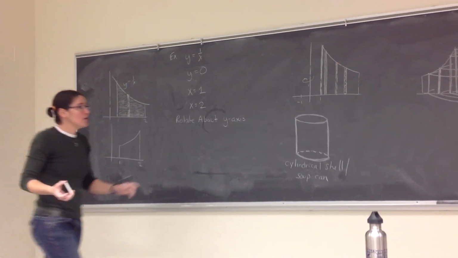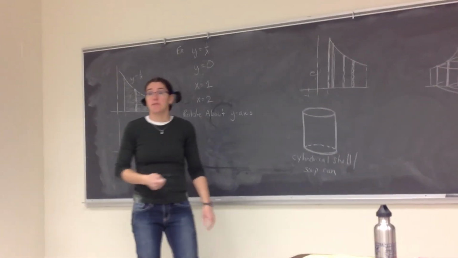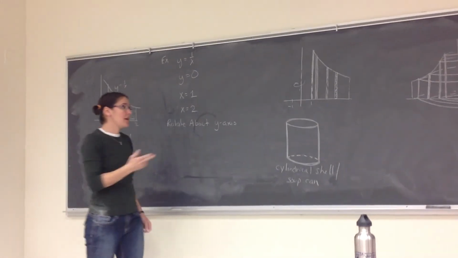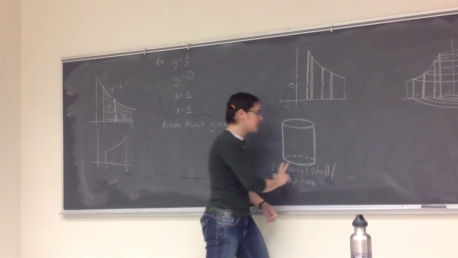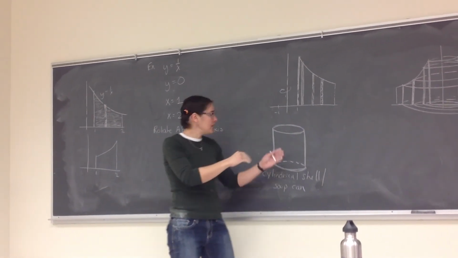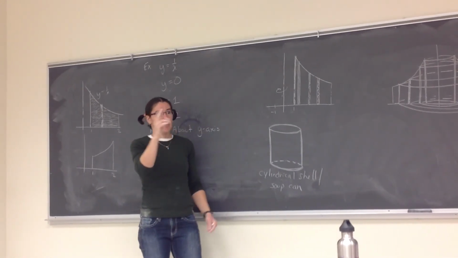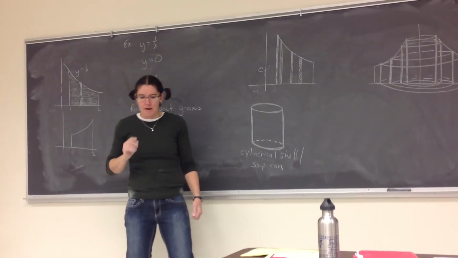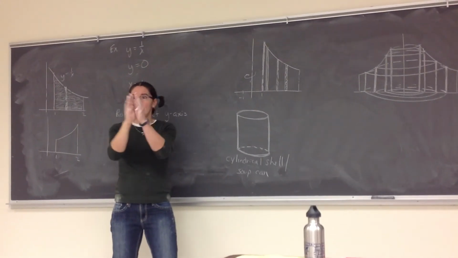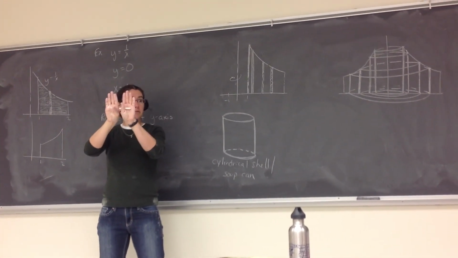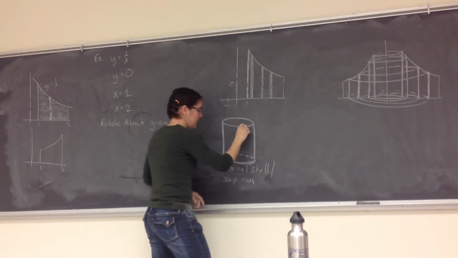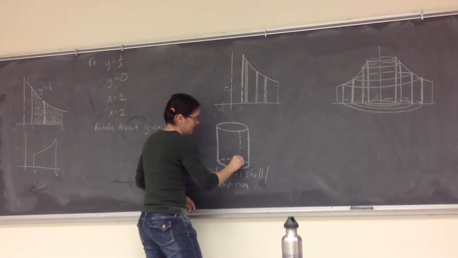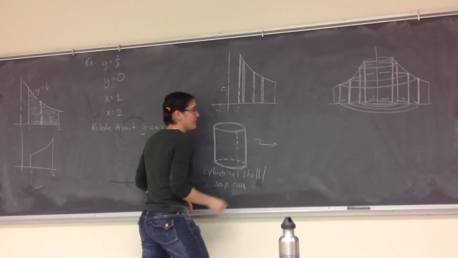Okay, so let's figure out the volume of this cylindrical shell. So here's what I'm going to do. If I had a pair of very, very strong scissors, I would take this cylinder, or my soup can, and cut it up one side and peel it open. It doesn't really matter where I slice it; I'm just going to cut it right there and open it up.